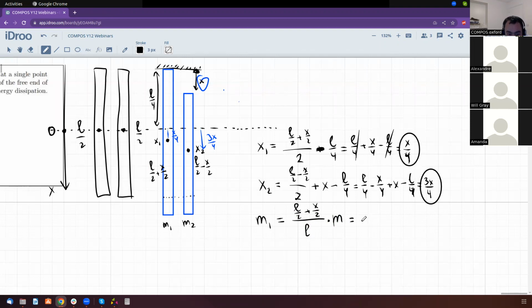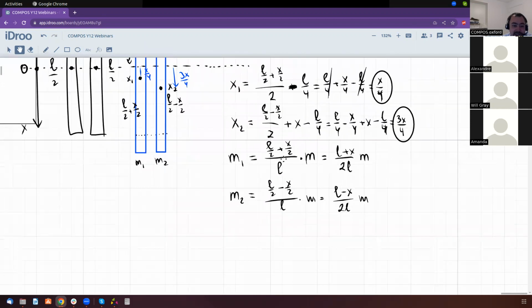So it's L plus X over 2L times M, where M is the mass of the rope. The mass of the second rope is also a fraction of the rope. So it's L over 2 minus X over 2, that's the length of that piece, divided by L multiplied by M, which is L minus X over 2L M.